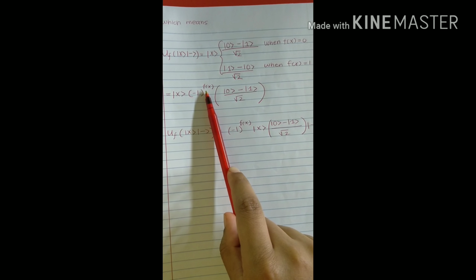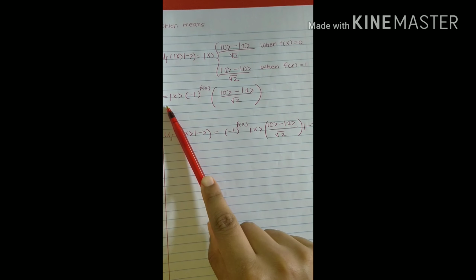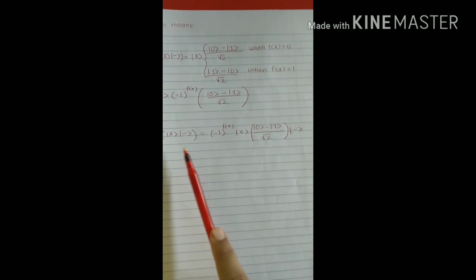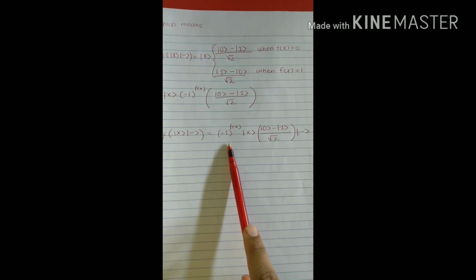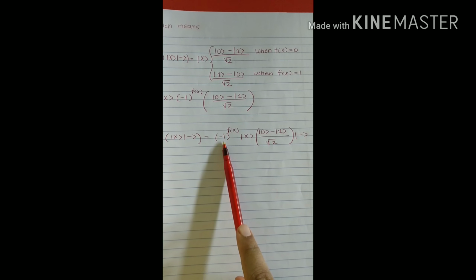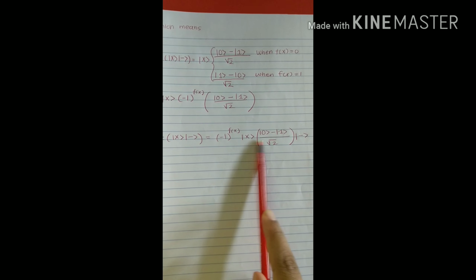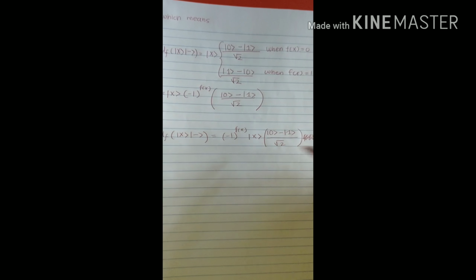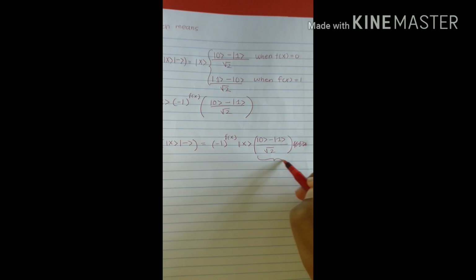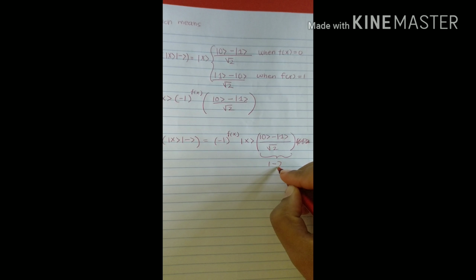Now remember that this is a scalar, so we can actually pull it out to the front here. And so that's what we do here. Just a more compact version. So negative 1 raised to the f of x times x tensored with this. And we know that this is just the minus ket.